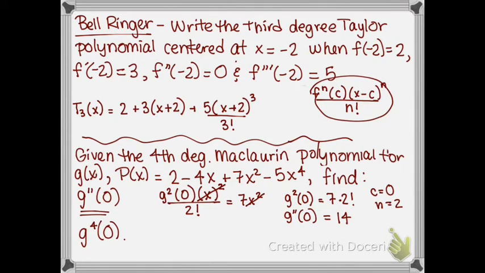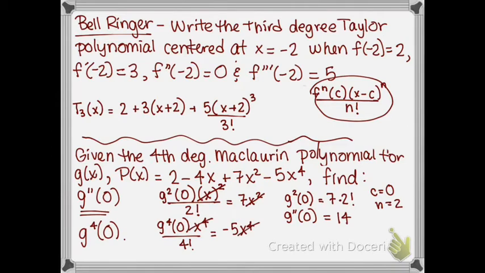Okay, next, the fourth derivative of g evaluated at 0. So again, I'm going to do the fourth derivative of g evaluated at 0, x to the 4th over 4 factorial. So that's the n equals 4 term. I'm going to set that equal to the negative 5x to the 4th.